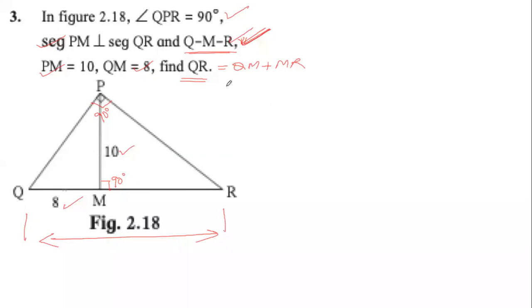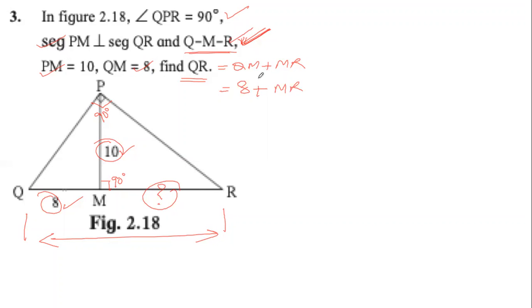We know that QM is equal to 8. It is given. We have to find MR. If we find MR, we can add it to 8 and find the length of QR. Now we are talking about 3 sides, this one, and this one.